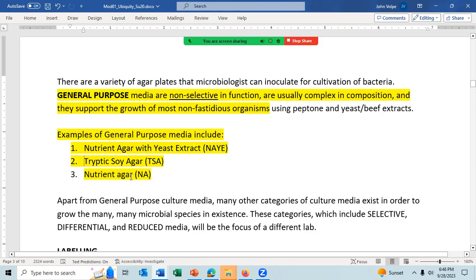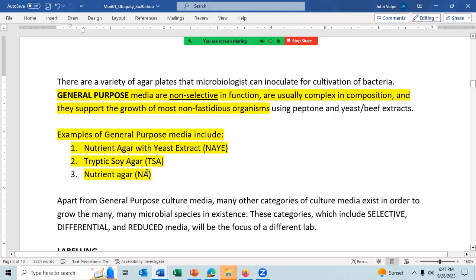The nutrient agar is just a nutrient agar without the yeast extract added. So it's a little less rich than nutrient agar with yeast extract. The point is that these are all general purpose media. They grow many microbes, and they are fairly cheap. Of all the media that we make, these are probably the cheapest, or at least one of the cheaper ones.